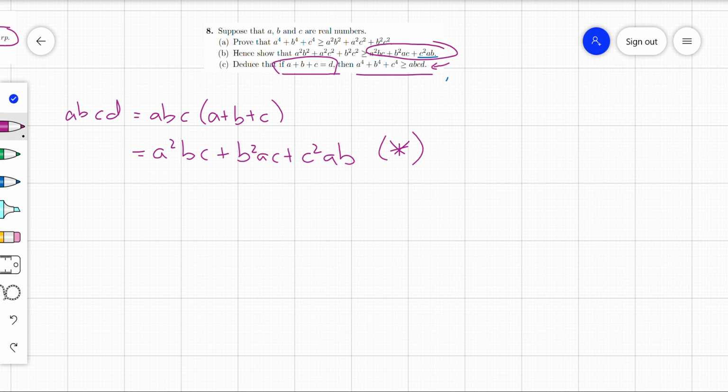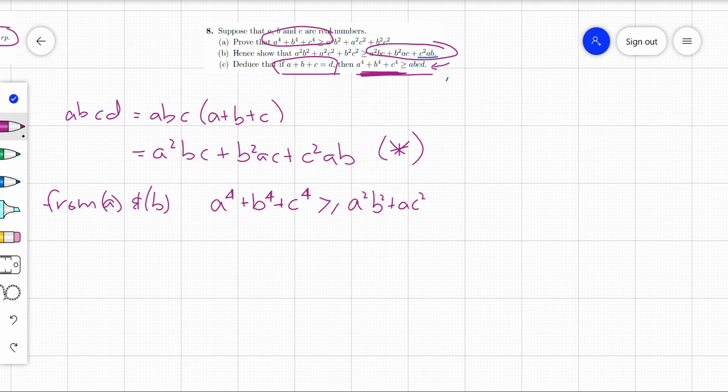Now if we come back, we've got this A to the power 4 plus B to the power 4 plus C to the power 4, which is up here in part A. So I'm going to say from A and B at the same time. Our A to the power 4 plus B to the power 4 plus C to the power 4, we know from A that that is greater or equal to A squared B squared, A squared C squared, and B squared C squared.